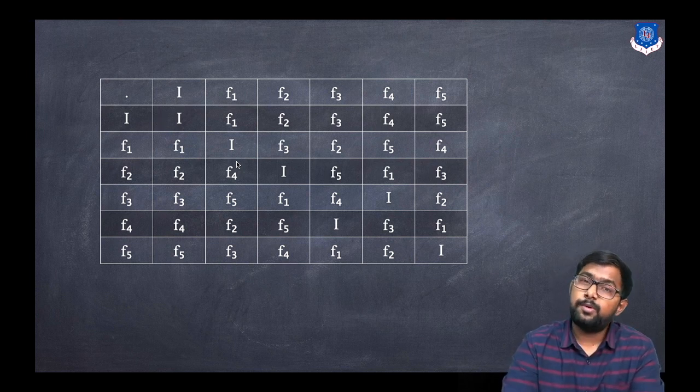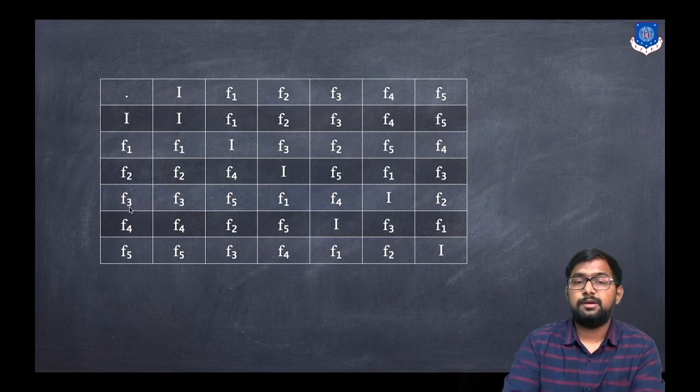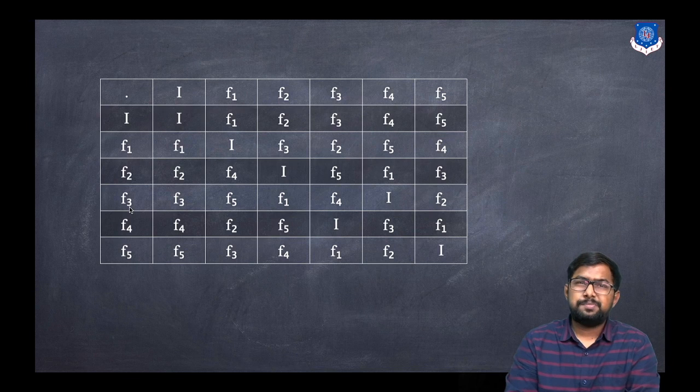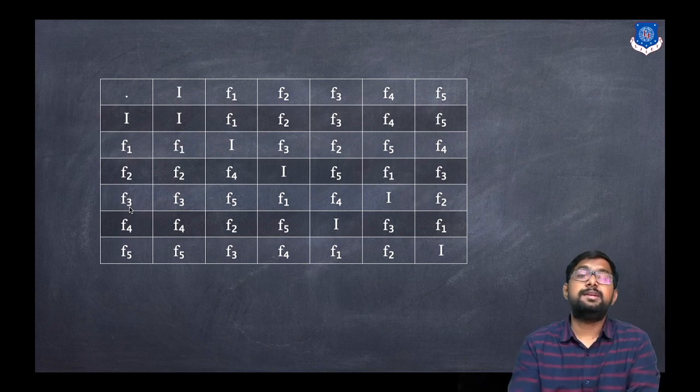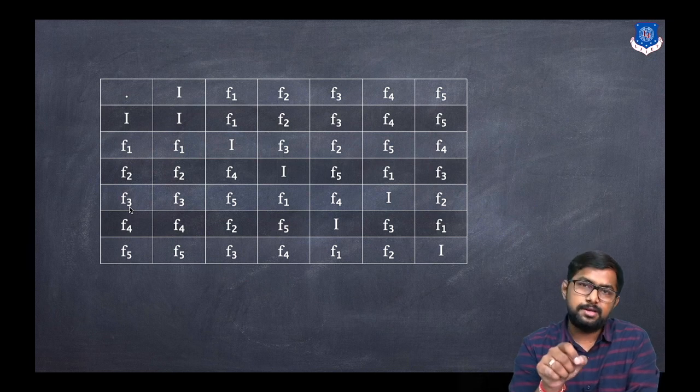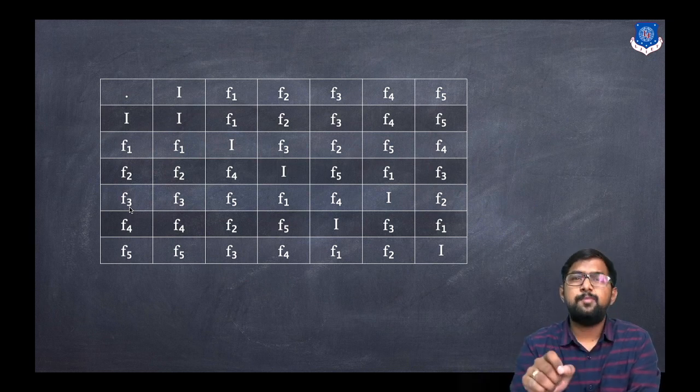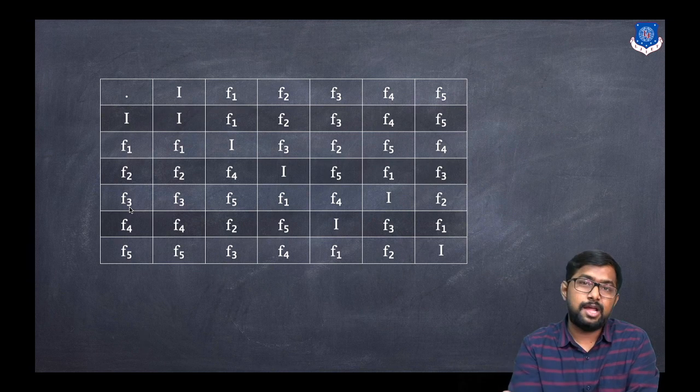Then the third property is existence of identity. Now for the identity element, what we need to check is that an element composed with the identity element gives the element itself.